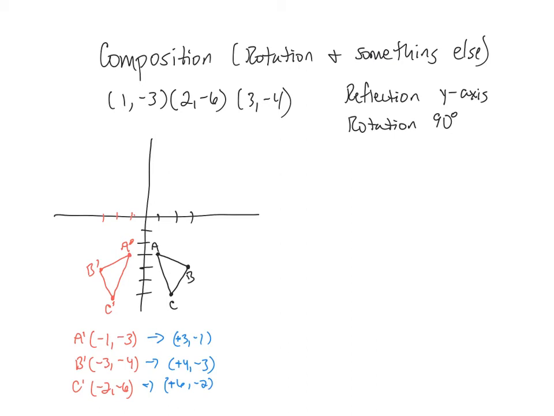So I get 3, -1, 4, -1, 2, 3, and 6, -2. So here's our A double prime, B double prime, and C double prime.